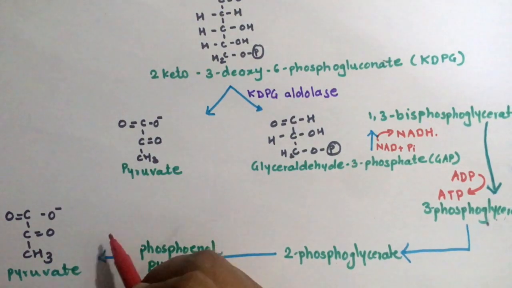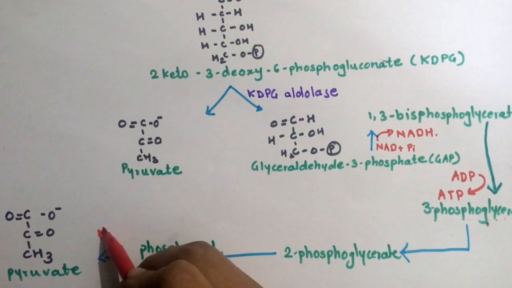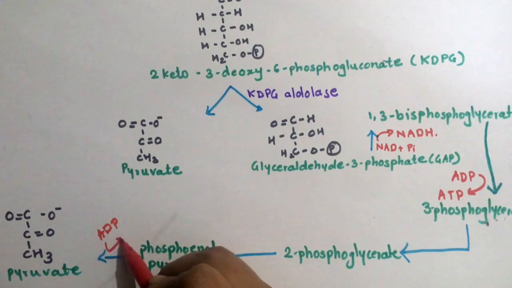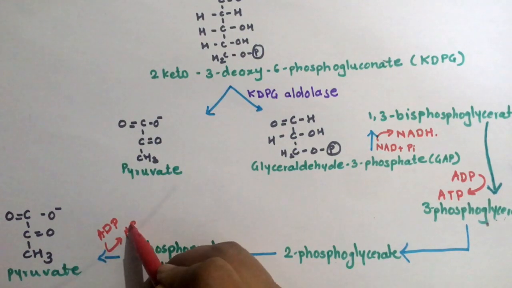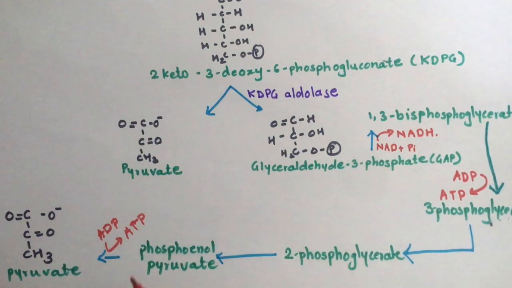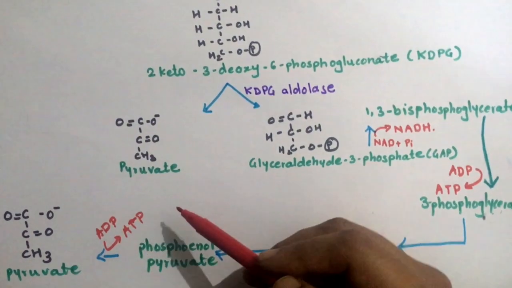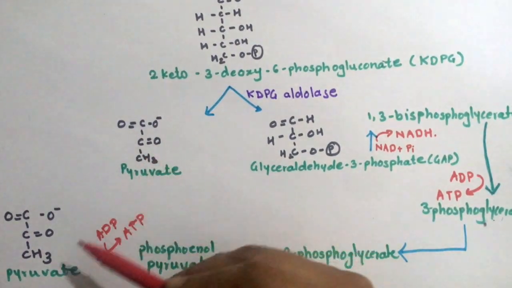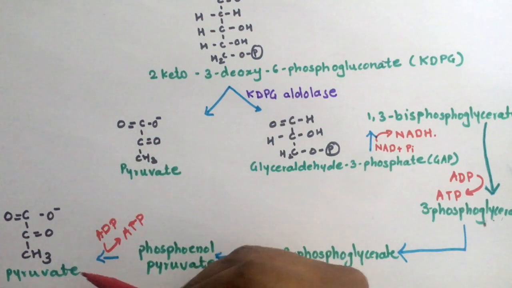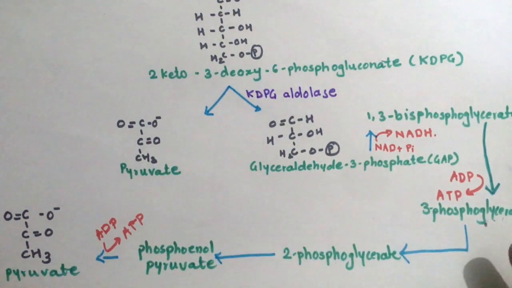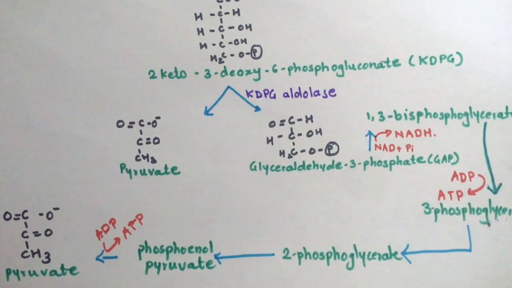Here also one ADP gets converted to ATP. So this is also an energy generating reaction. Now the end product is pyruvate. So from one glucose molecule, ultimately two pyruvates are generated, but here the energy calculations are going to differ from glycolysis. Let us see how that differs.